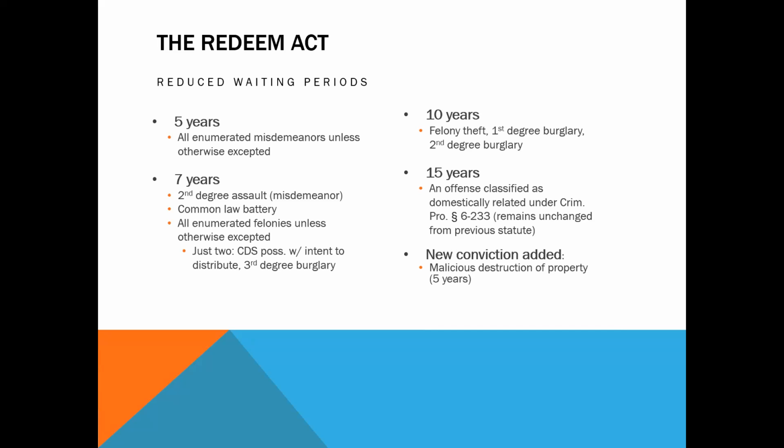Then it has actually gone all the way down to 3 years. Although that is really just an aside, because that's not part of the Redeem Act. That's part of the cannabis legalization. But important to note, because you do have to take into account what the substance was when analyzing CDS possession with intent to distribute.